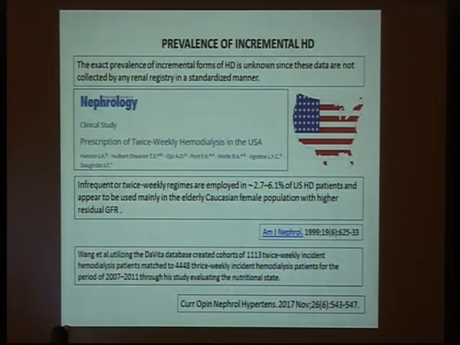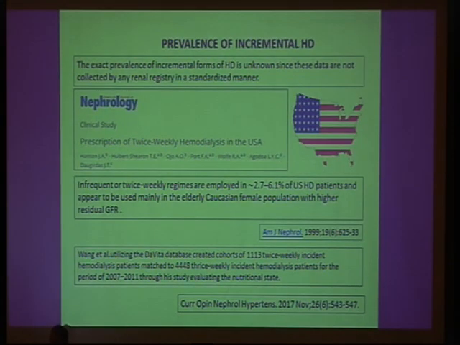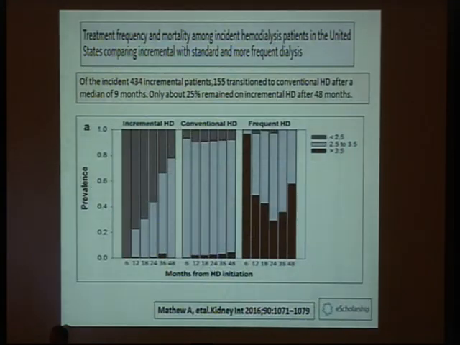In a study conducted by Wang et al., published in 2017, using the database, they found more than 1,000 patients on twice-weekly hemodialysis in the study population. But if incident hemodialysis patients are started on incremental hemodialysis, the percentage goes down with time.